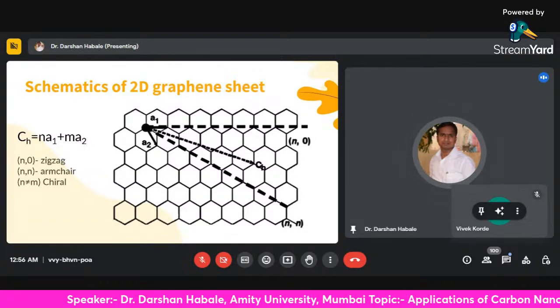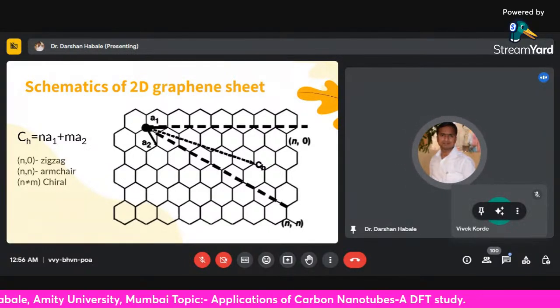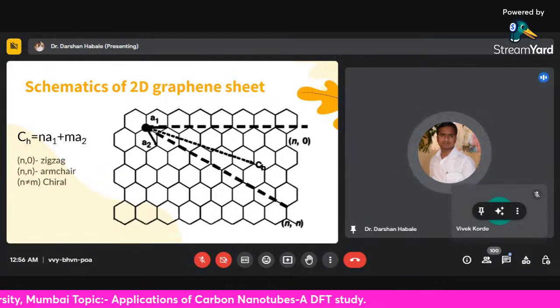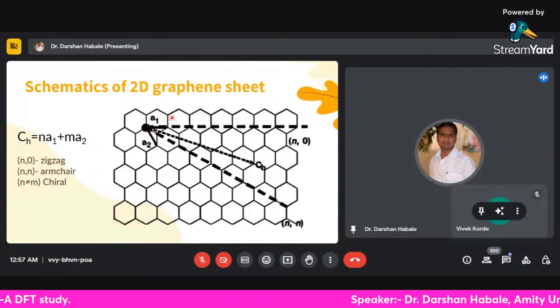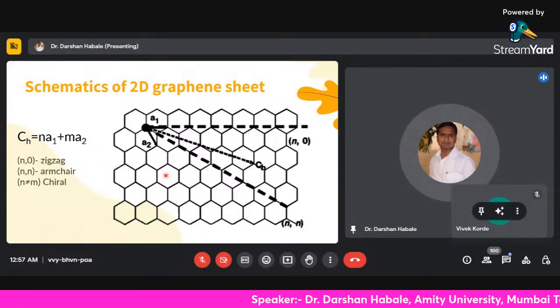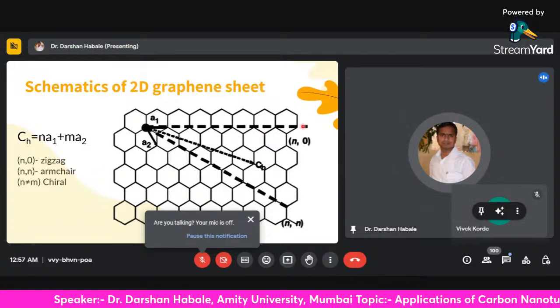So to understand this structure, we'll just wrap this graphene sheet. From this point, we have a sheet, and we're just going to wrap it round. We are just going to touch this point with this one.